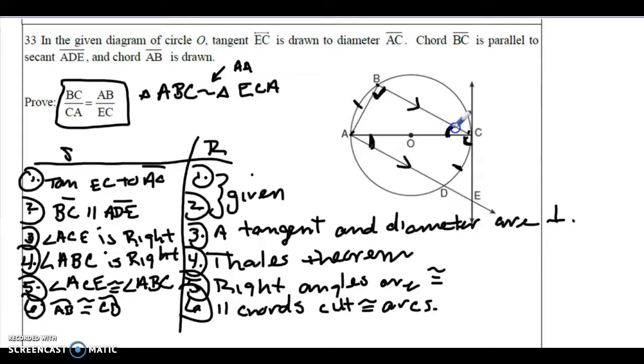And the reason for that is they are both, actually I could have just done alternate interior, or they open up to congruent arcs. So either one. I actually probably didn't need statement number 6, but let's go with 7. I can say angle DAC is congruent to angle BCA. My reason for that would be alternate interior angles are congruent.